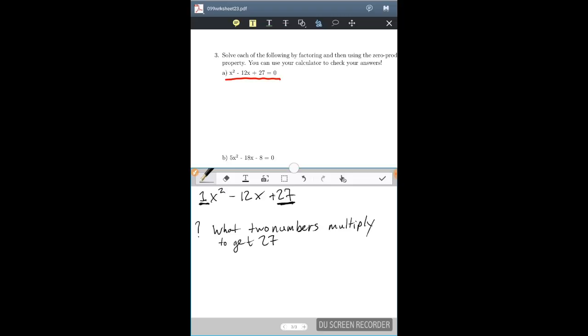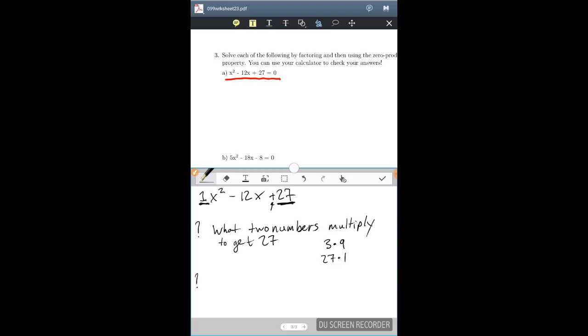It's very important that we remember that if there's a negative sign in front of the 27, so if this was a negative, then we have to include that. But it's a positive, so we don't have to think about it. So, what two numbers multiply to get 27? Well, there are quite a few choices. Just as an example, we could have 3 times 9. That works, right? 27 times 1 is another option.